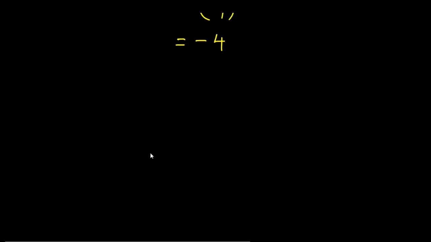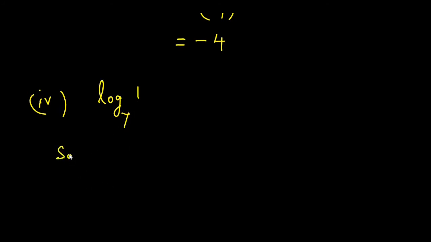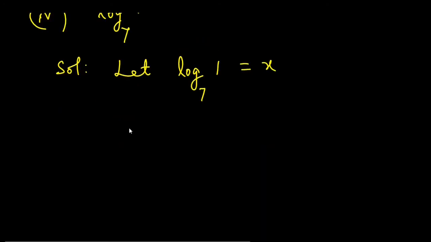The next one, log of 1 to the base 7. Let log of 1 to the base 7 be equal to x. By converting it into exponential form, what do we get? The base is the same, 7. 7 power x is equal to 1.